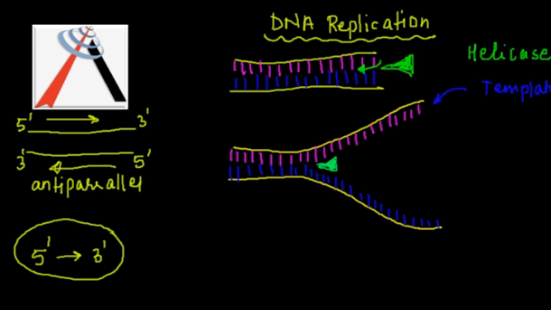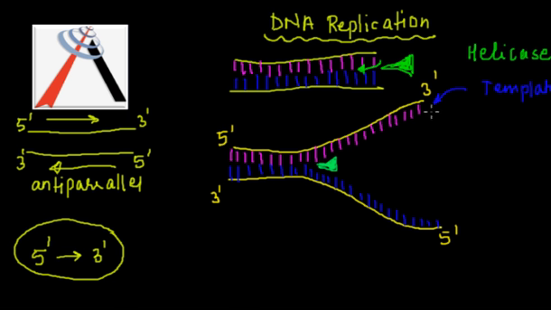Before we progress, let's label. Since we already saw that one of the strands is in the direction of 3' to 5', the other strand will be in the opposite direction, that is 5' to 3' on this side. Now we know that DNA can form only in one direction, that is from 5' to 3'.